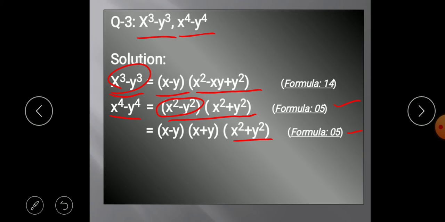So the HCF will be what is common, this bracket and this bracket, x minus y and x minus y. These both are common, so we have written down the highest common factor, that is x minus y.